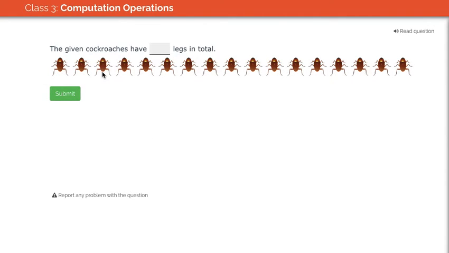Then counting the cockroaches: 1, 2, 3, up to 17. 17 into 6, which is equal to 102. Let's see if we are correct.